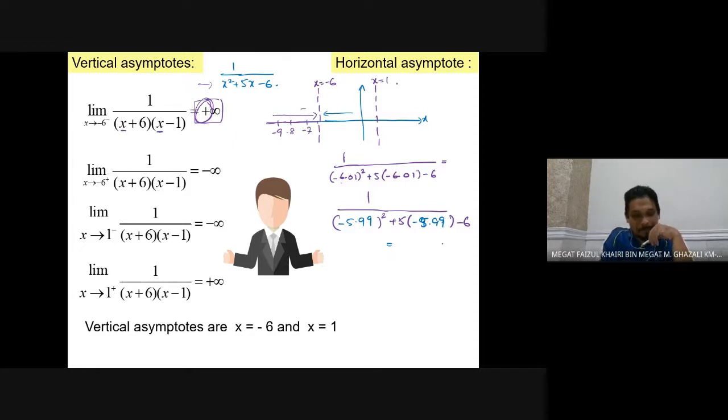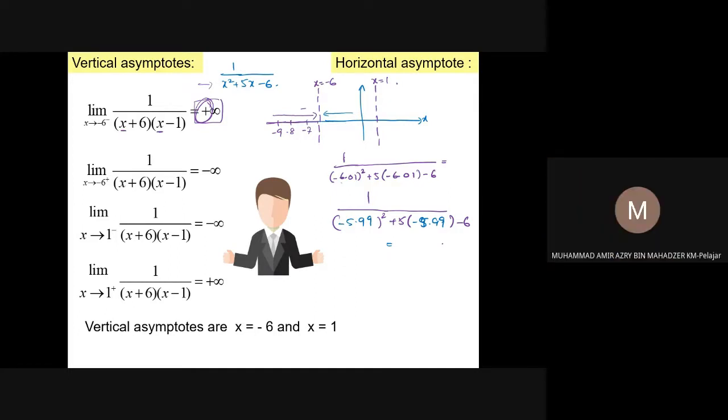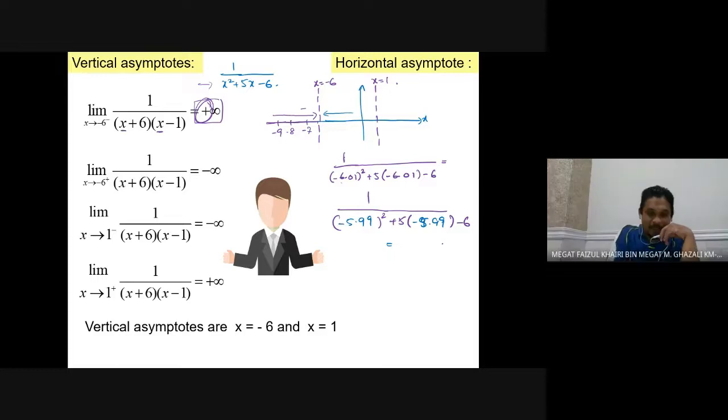Okay, what will we get then? Negative 14.306. Okay, negative 14.306. What if I add another 9 here?